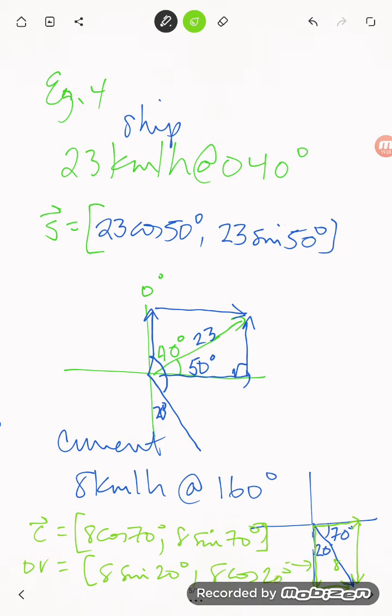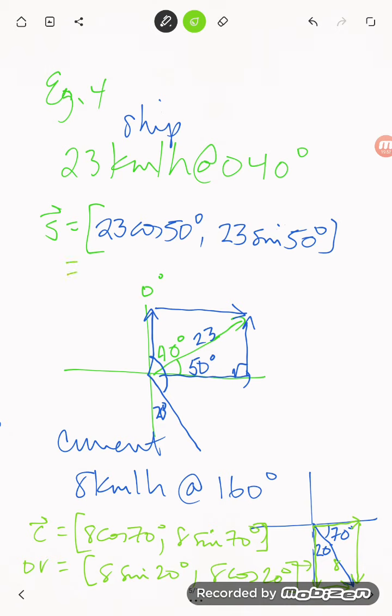So if you take out your calculator and calculate 8 cos 70 degrees and 8 sine 20 degrees, you'll see that they're equal. 8 cos 70 degrees is approximately 2.74, and similarly 8 sine 20 degrees is approximately 2.74. Okay, so those are the vectors written as Cartesian vectors.